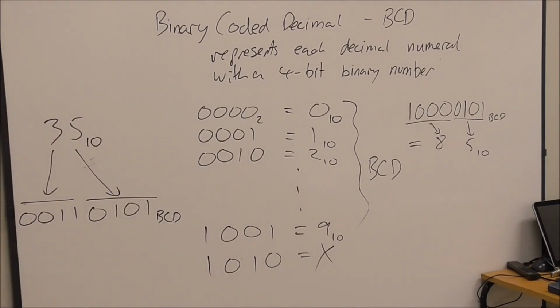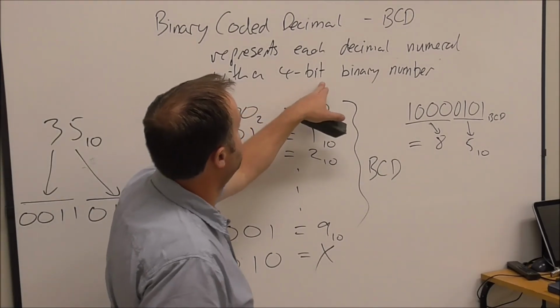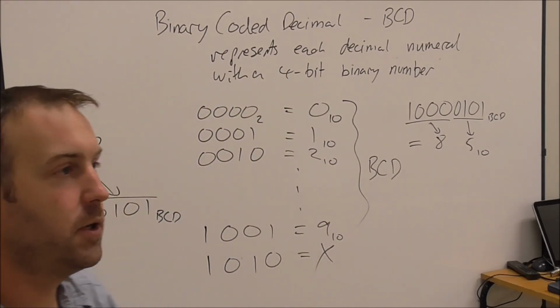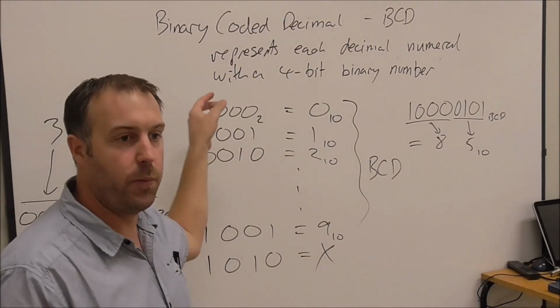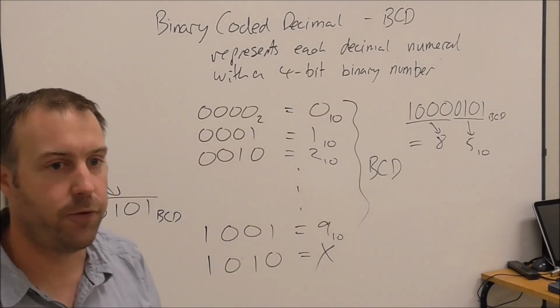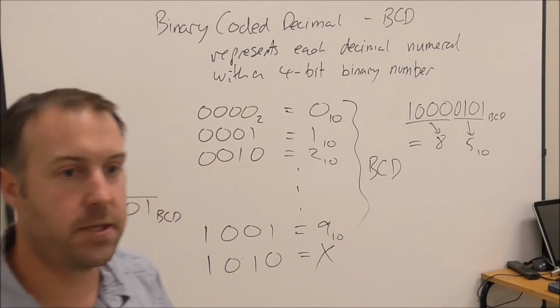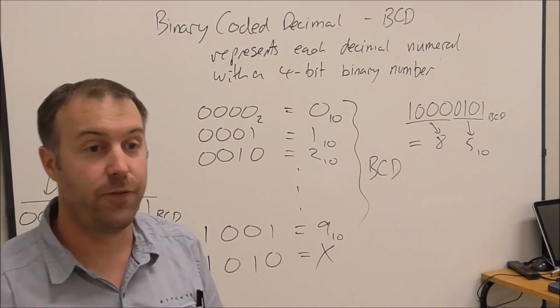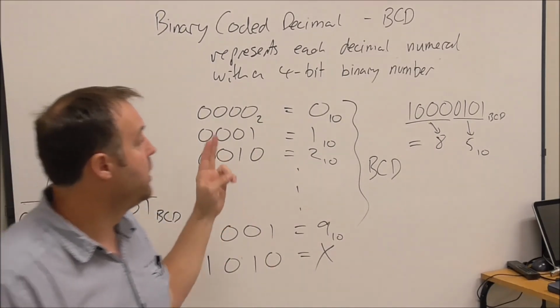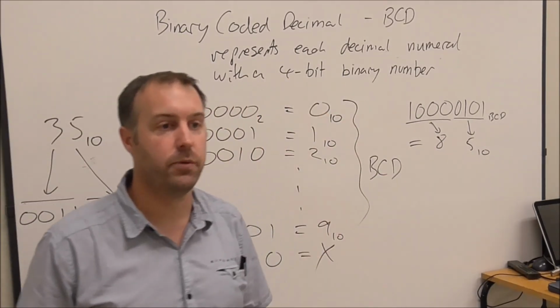So that's the important thing. It's got to be 4 bits for each numeral in your decimal. So if I had 2015, the 2 would be represented by a 4-bit binary number, the 0 by another 4 bits, the 1 by another 4 bits, and the 5 by another 4 bits. So I'd have a 16-bit binary string there. That would be my binary coded decimal for it.